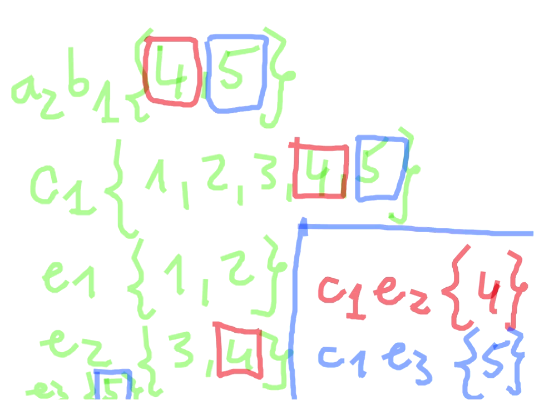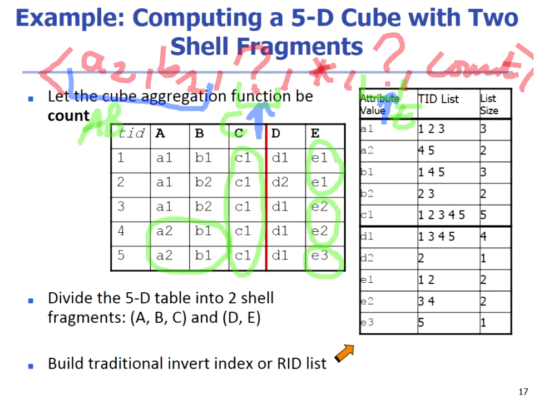So this is the instantiated base table, shown in blue. After that, we compute the data cube using the base table with any cubing algorithm. The first one has A2, B1.